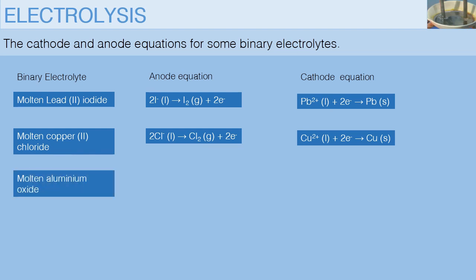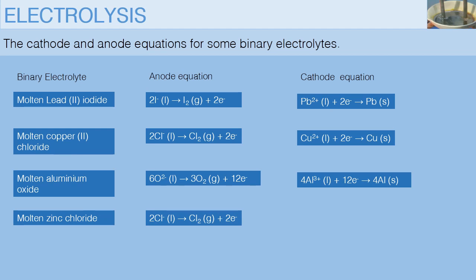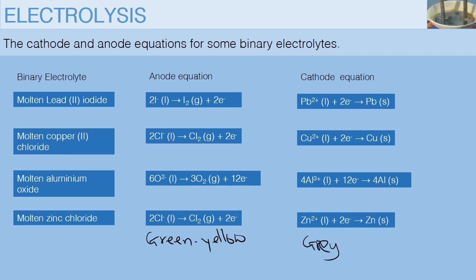For aluminium oxide, we'll observe a colorless gas, which is oxygen, at the anode, and a gray bead or gray solid at the cathode. For zinc chloride, we'll observe a green-yellow gas at the anode and a gray bead of zinc metal at the cathode.